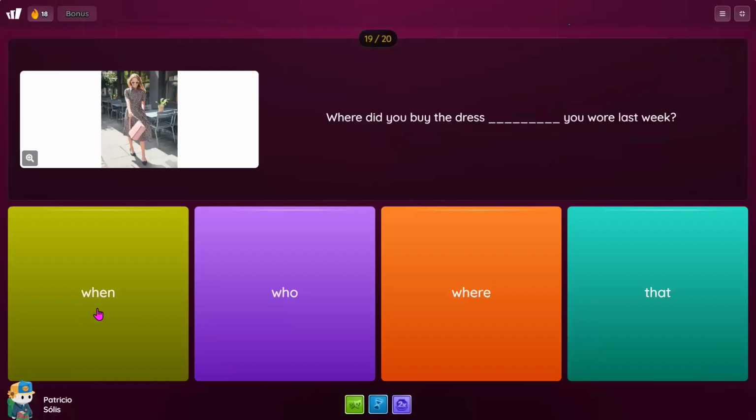Dress. It is when, who, where, or that. Where is for places. Who is for people, when for moments or time.